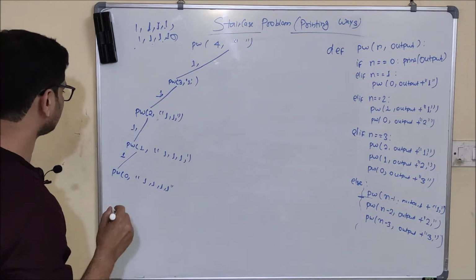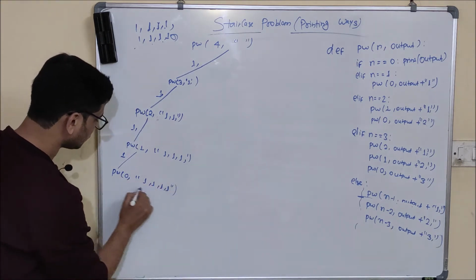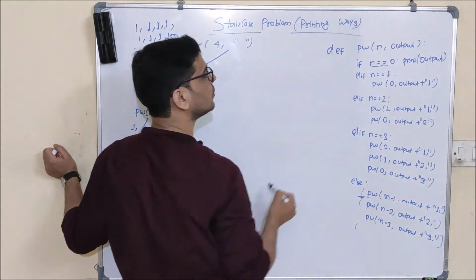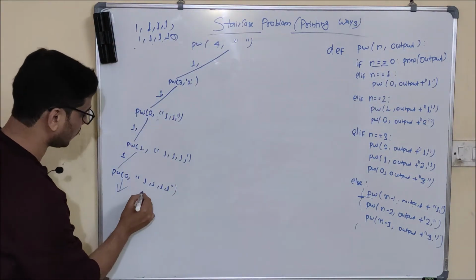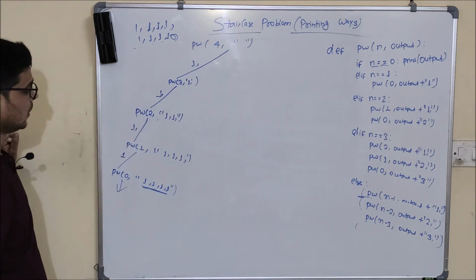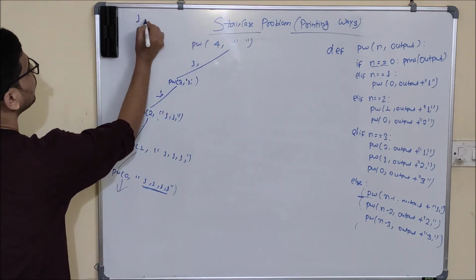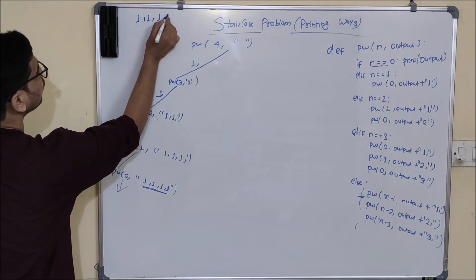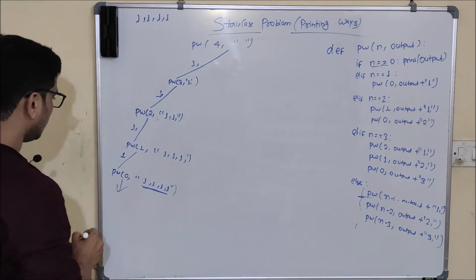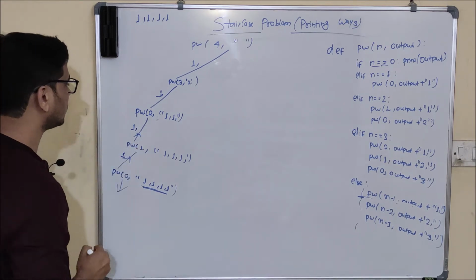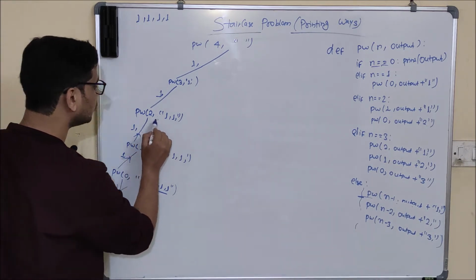Now let's see. When pw of 0 is called, this condition will be true and the output will be printed. What is in the output right now? 1 comma 1 comma 1 comma 1. So 1 comma 1 comma 1 comma 1 will be printed. Now this function will return, this function will return, and what will pw2 do?